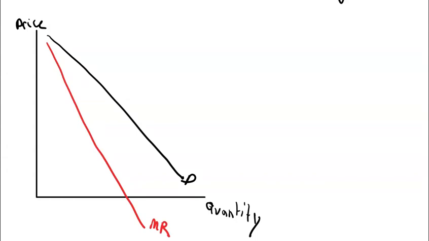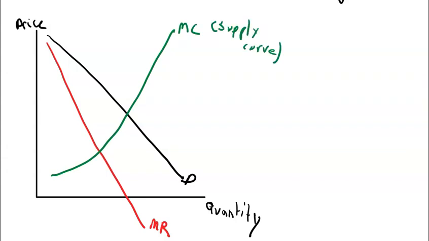And then my marginal cost curve remains the same. It's like this, which is basically the supply curve. And then also we need something called the average cost curve, which helps me find out what is the profit or loss.